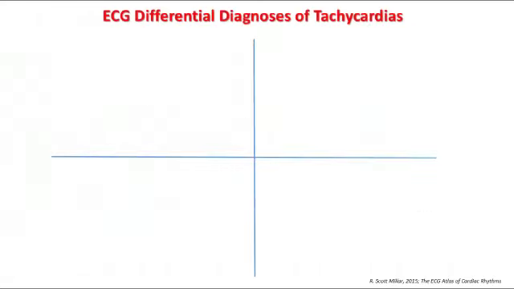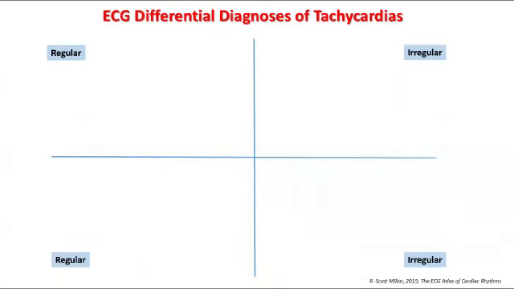Now, before we get to that, let us first look at a more general way of classifying tachycardias when you see them on an ECG, and the different differential diagnoses that we can find. We can classify these tachycardias based on the actual rhythm itself, whether it's a regular rhythm or an irregular rhythm.